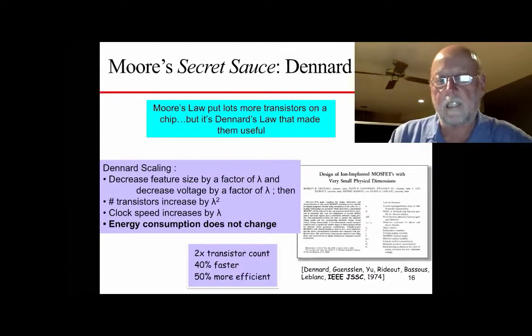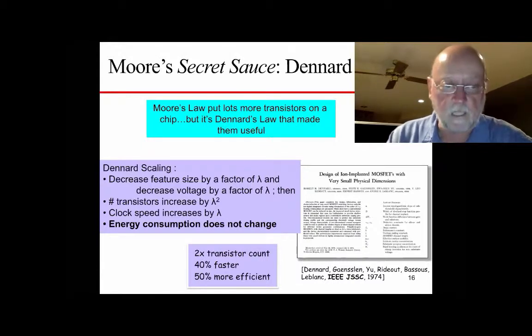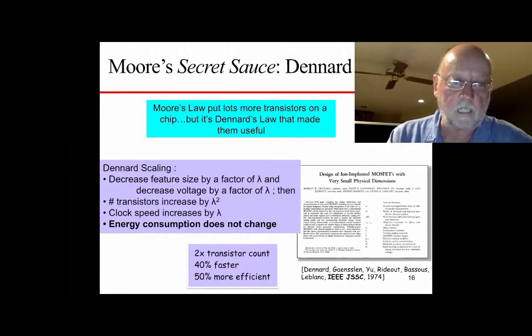Robert Dennard was a researcher at IBM, and he came up with his colleagues with this conjecture, not conjecture, but the way things work for semiconductors. Basically, you can decrease the feature size by some factor.